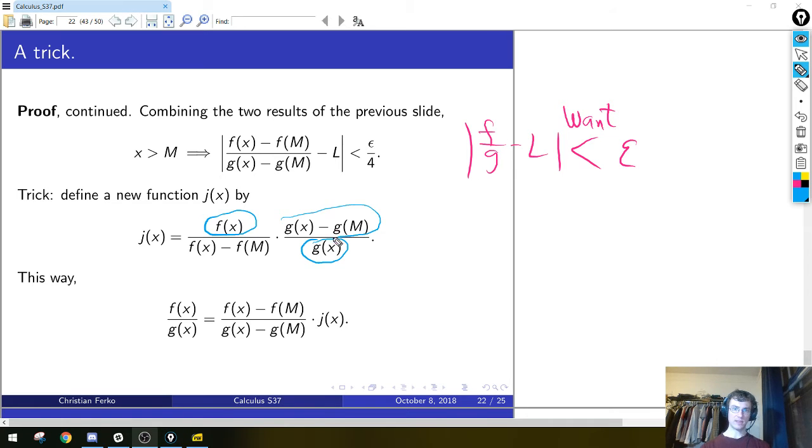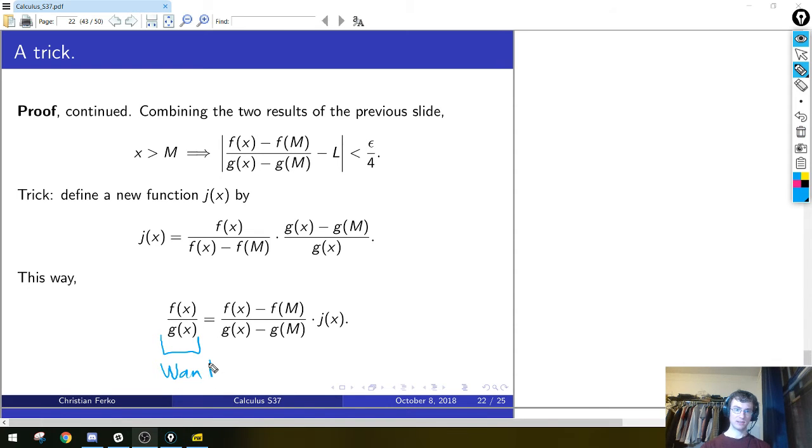And the other pieces, the top right and the bottom left, are exactly 1 over the thing inside the result that we just got. So this j is roughly the thing that we want divided by the thing that we have. In other words, the thing that we want equals the thing that we have control over, times j. So j is just this trick to change what we have into what we want.